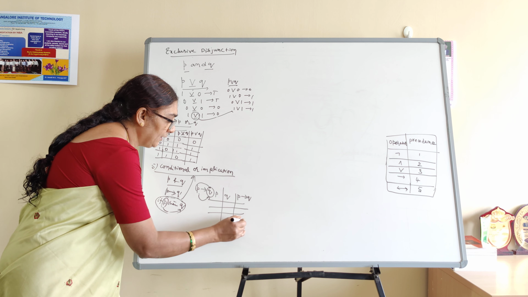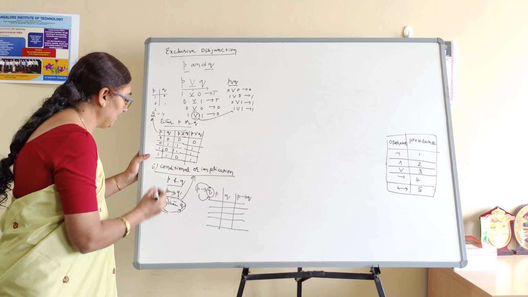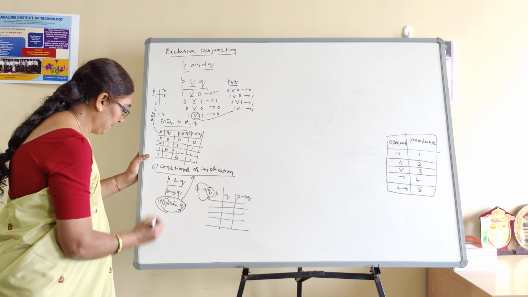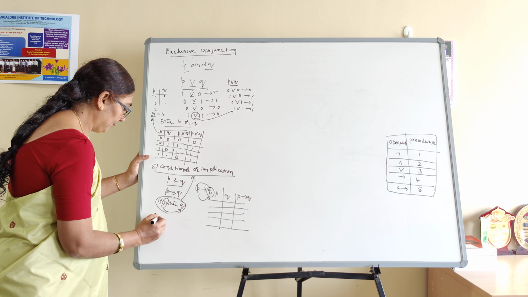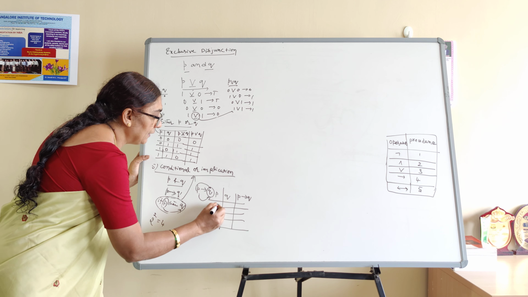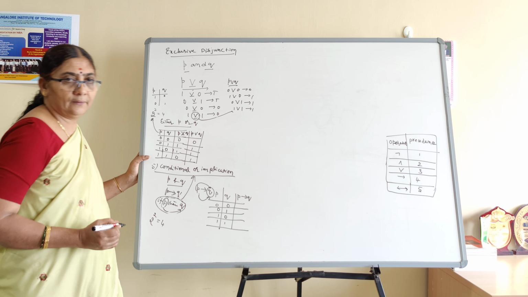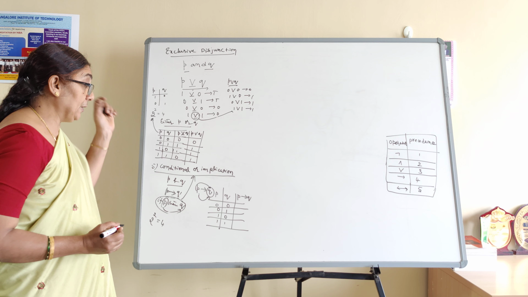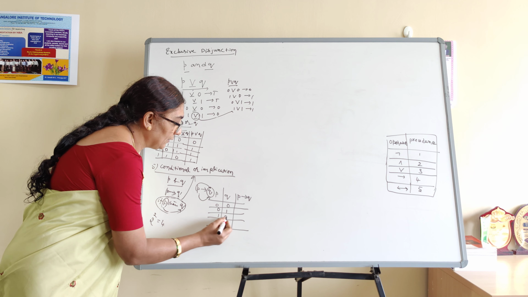First we have to know how many rows to expect in the truth table. Each proposition has two possibilities, and with two propositions we get 4 rows: 0 0, 0 1, 1 0, 1 1. P conditional Q is false only in the case 1 to 0.